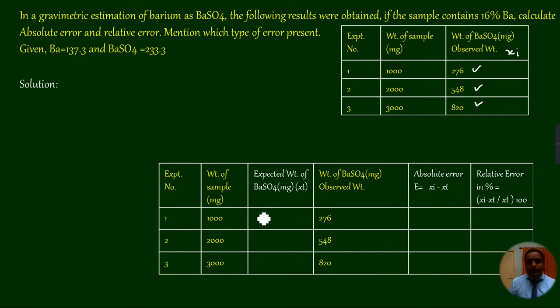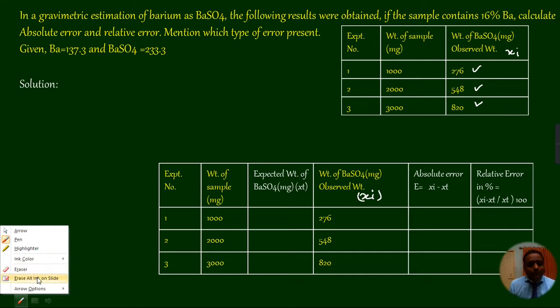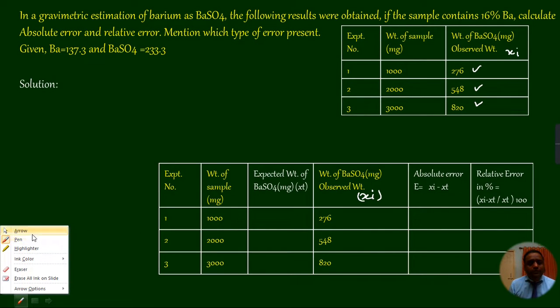So these weights of samples and these are xi values, and we need to find out the expected value. So how do we find the expected value?